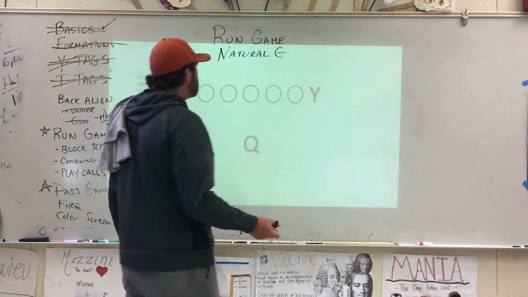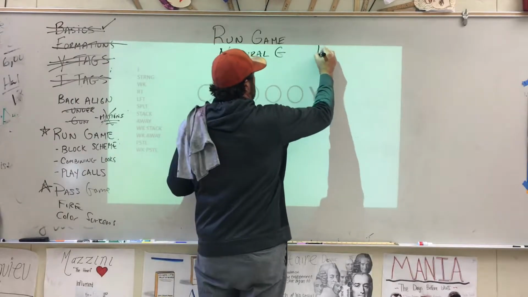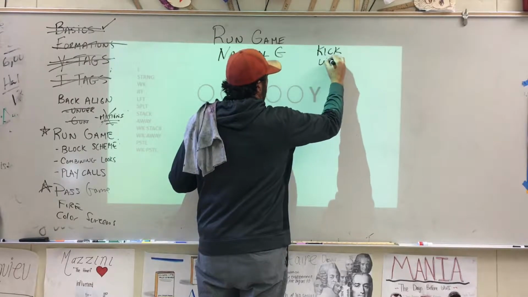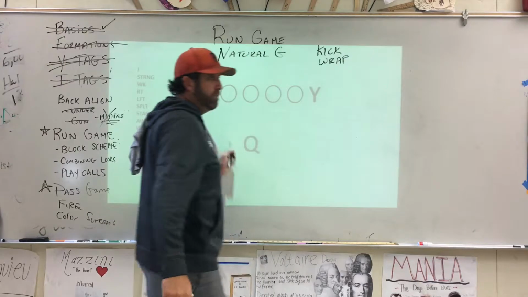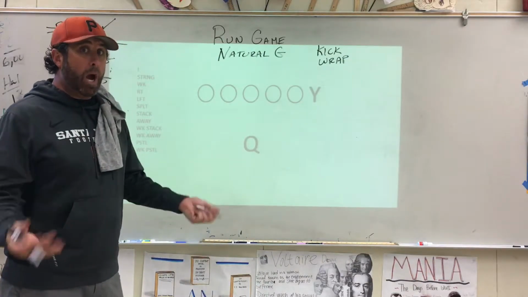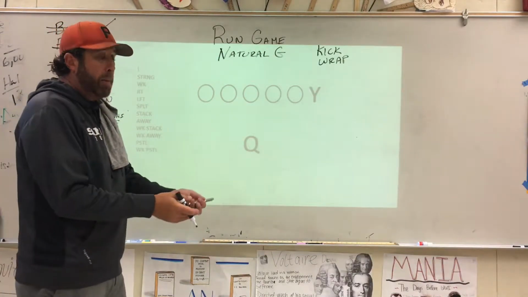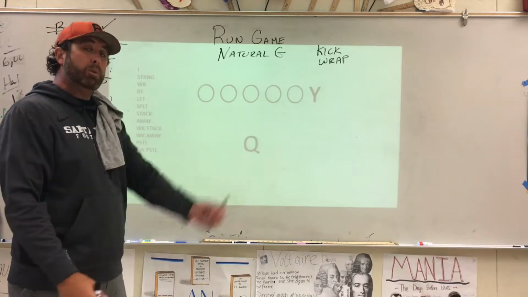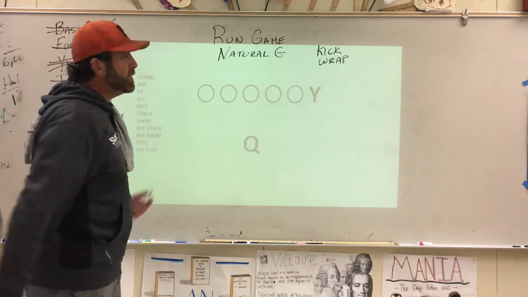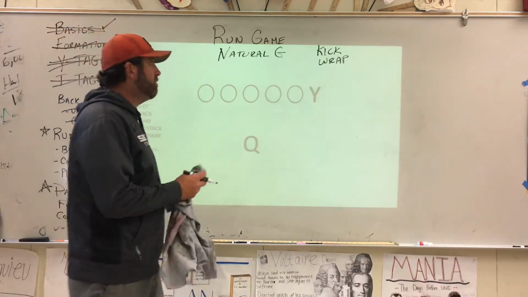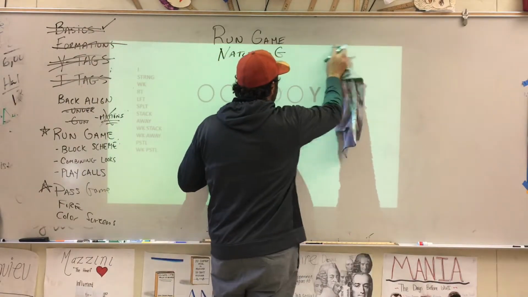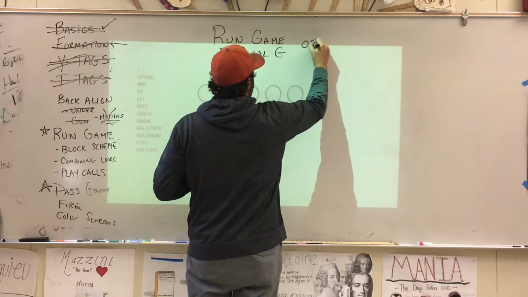Natural G is a kick and a wrap type of play. Same with counter trap, which I'll get to, but in counter trap, somebody's kicking a guy out and someone's wrapping up on a backer. Natural G is the same thing. Someone's kicking and someone's wrapping. Natural G is an off tackle play.